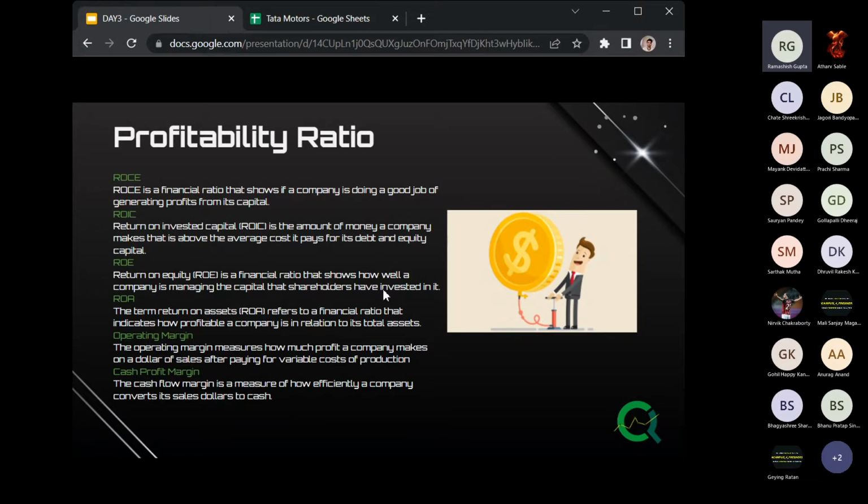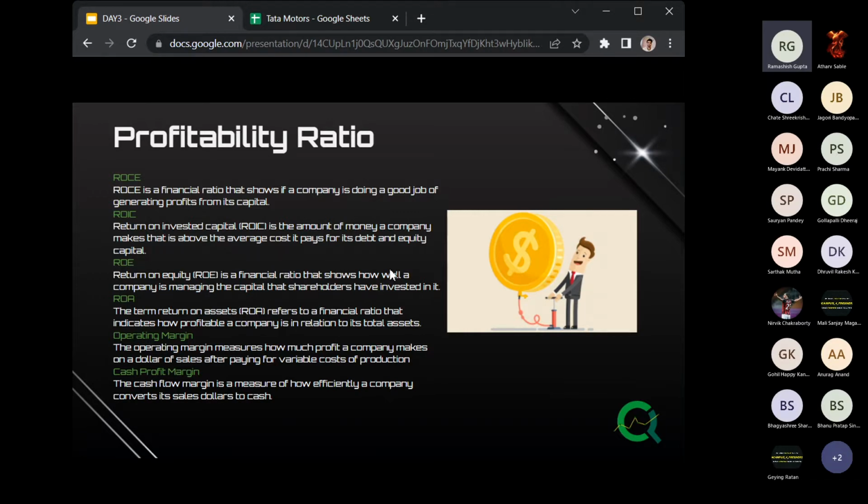Then is ROIC, that is return on invested capital. A lot of things in the factories just stay there. They are not invested in some sense. So in ROIC, we try to calculate the return on invested capital.